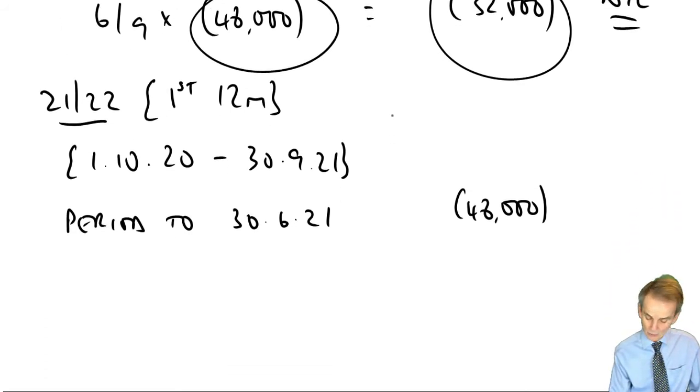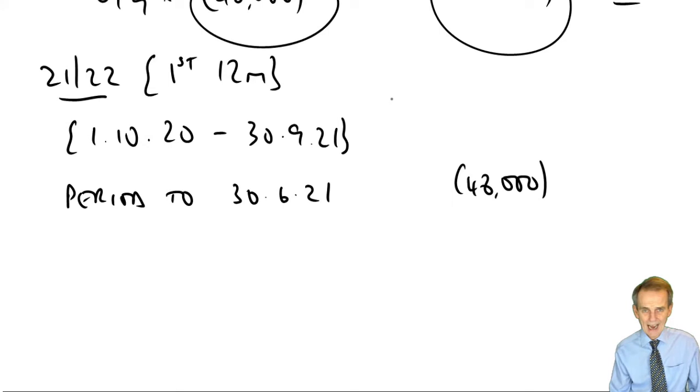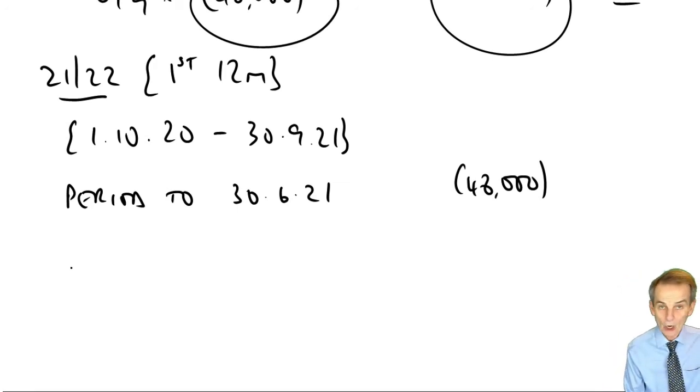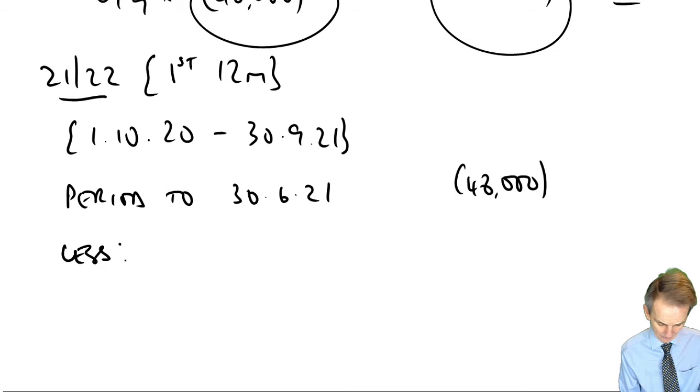So we cannot have it again. We get to use the loss just once, where it falls into, as it may as here, consecutive tax years. That loss will have been allocated to the first tax year, so you can't have it again in the next tax year.